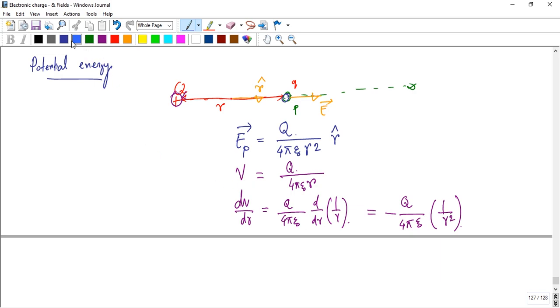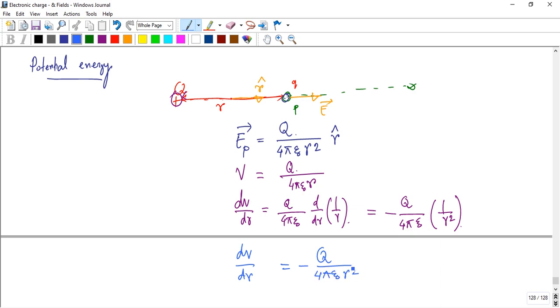Now dV/dr is equal to minus Q over 4 pi epsilon naught r square.